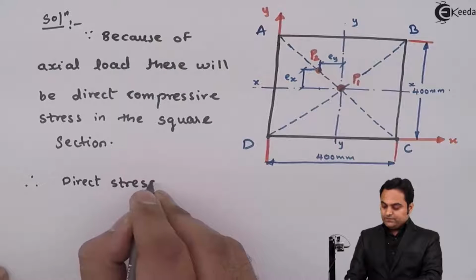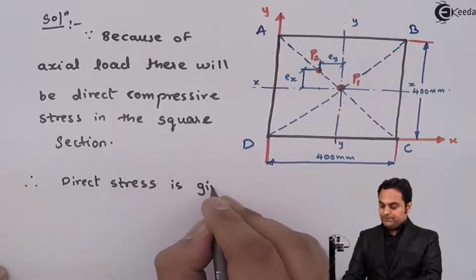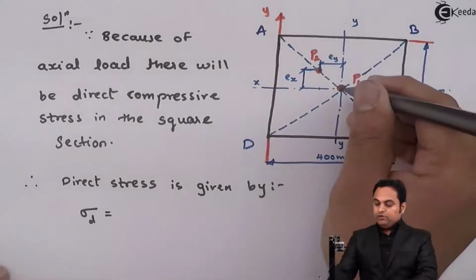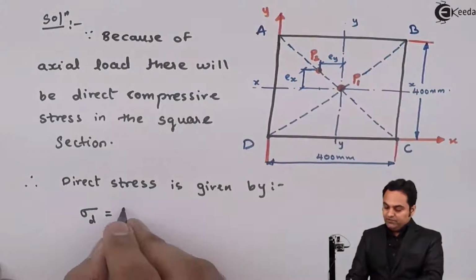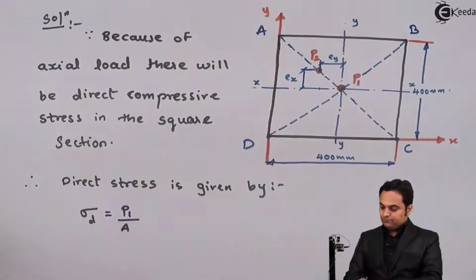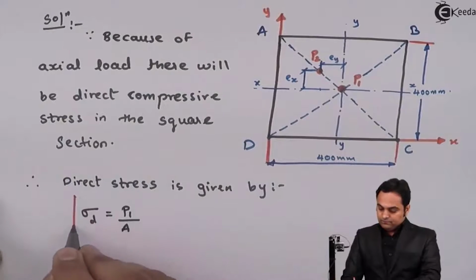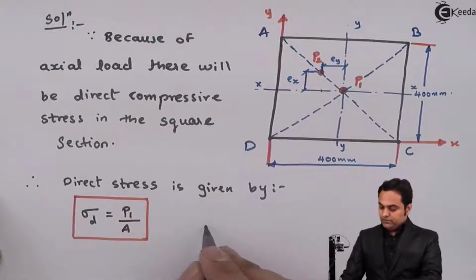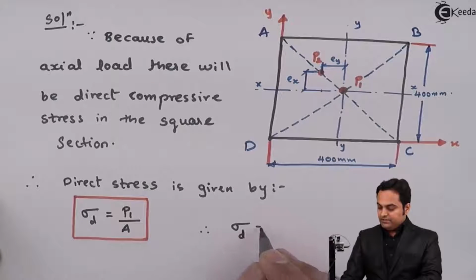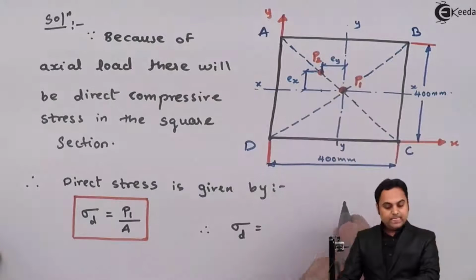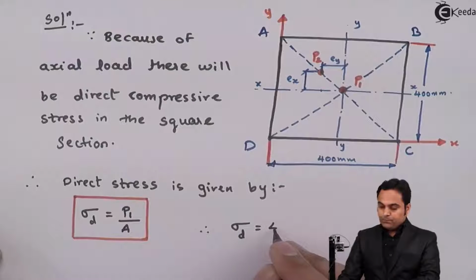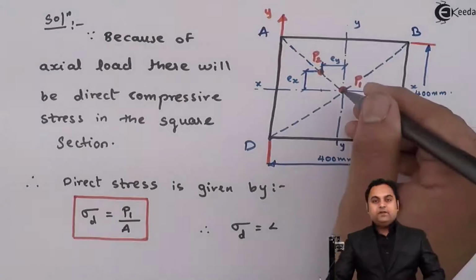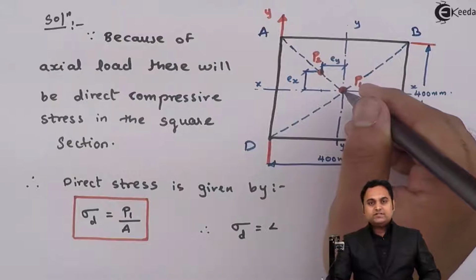Direct stress is given by sigma d is equal to, because of P1 there is axial load, so P1 upon area. So here sigma d is equal to P1, which is 400 kilonewton. Now after this, because of P1 there is direct stress.